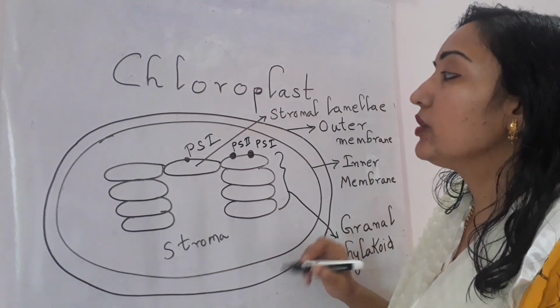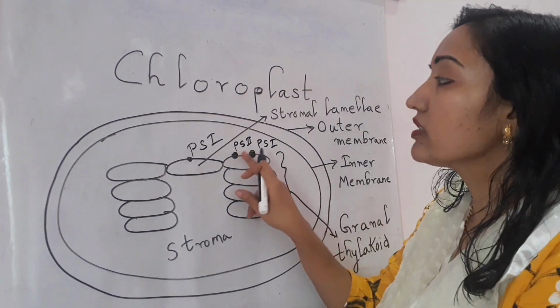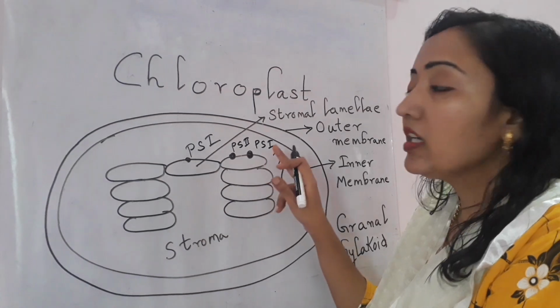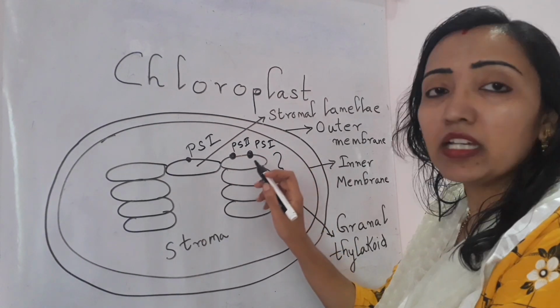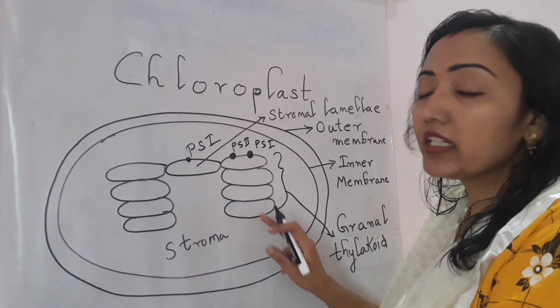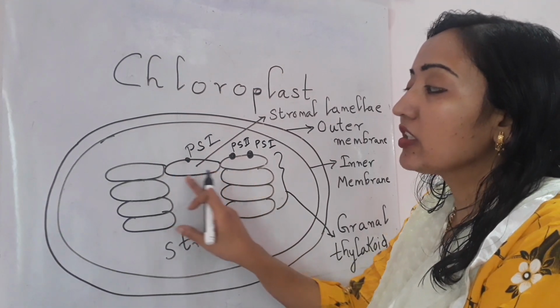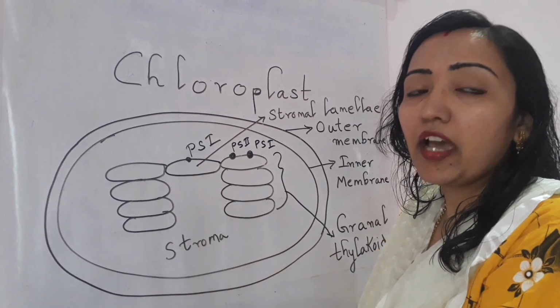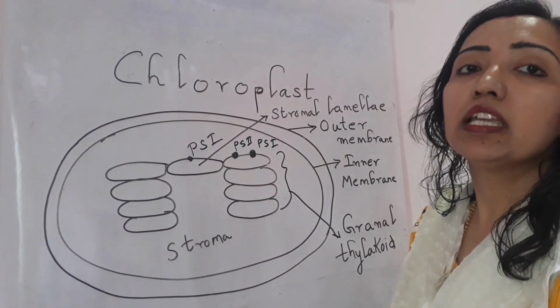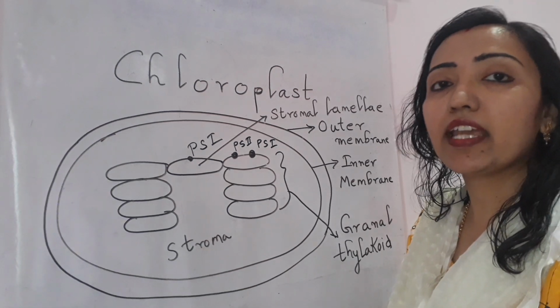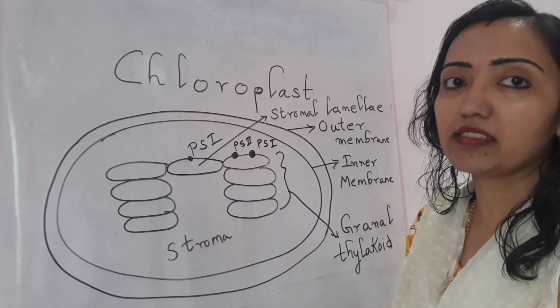Once again, there are two types of photosystem, photosystem 2 and photosystem 1. I hope you have understood the structure of chloroplast, which will be helpful in studying light reaction and dark reaction further in photosynthesis.